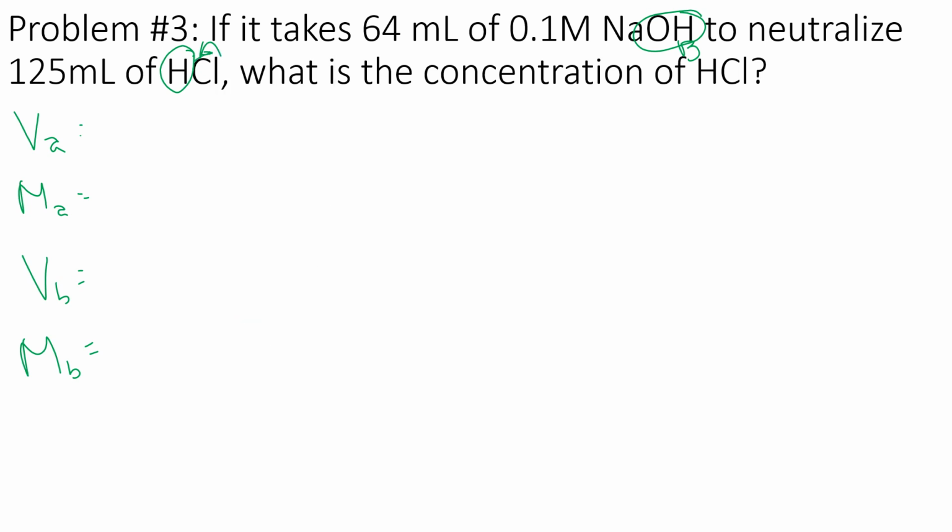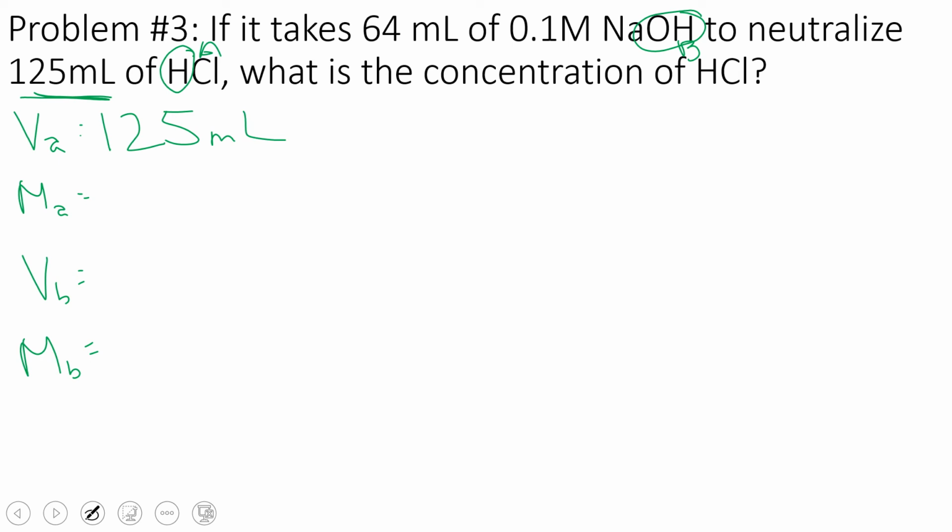From there, let's see what else we can figure out. Do I have a volume for my acid? Anybody find it? Exactly, it's 125 milliliters, so I can put that in here as my volume of acid. What about my concentration of my acid?